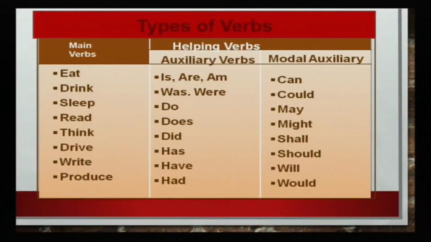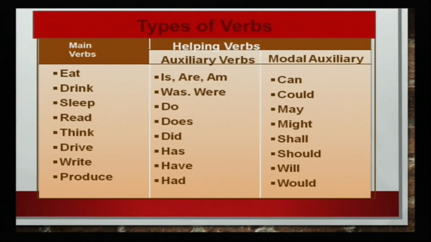And these three types of sentences also have different types of verbs. So, students, you have a main verb and you have a helping verb. So, what is the difference? A main verb is, you know, eat, drink, sleep, read, think, drive, and these are not all. So, these are called the main verbs, while helping verbs are again further two types.